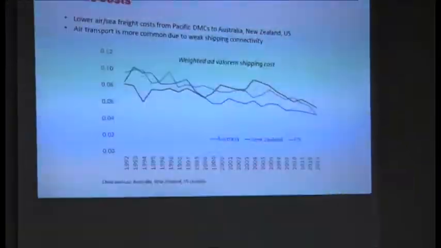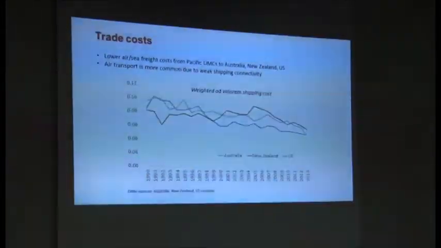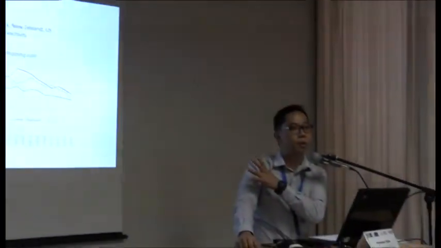But as an aside, if we look at the ad valorem shipping costs, in this chart you see there's been a volatility in trading costs. The information here includes both air transport and sea transport. There is volatility, but it's in a downward trend. And again, it's a positive.